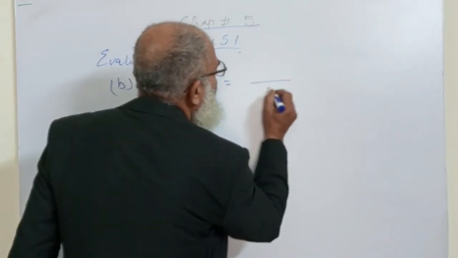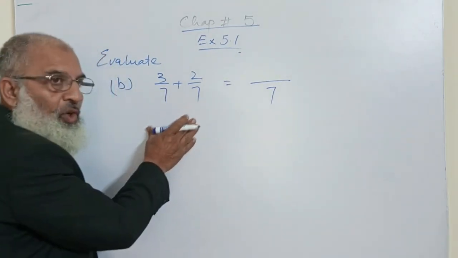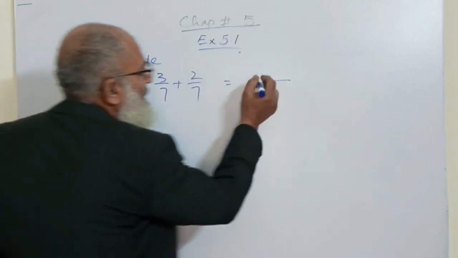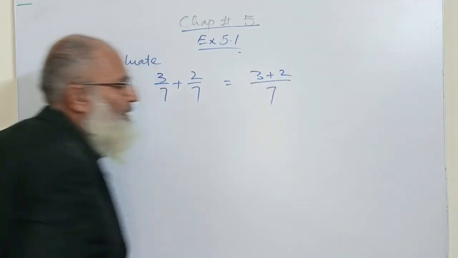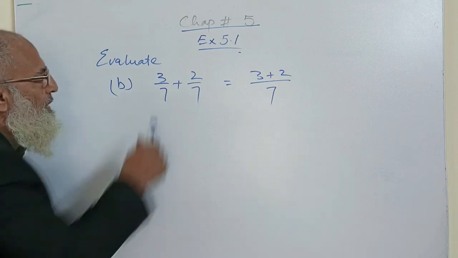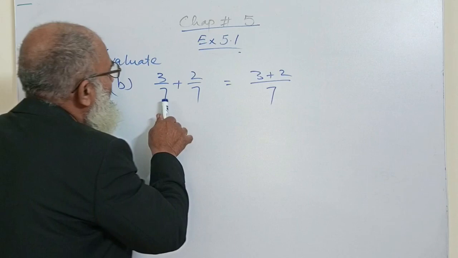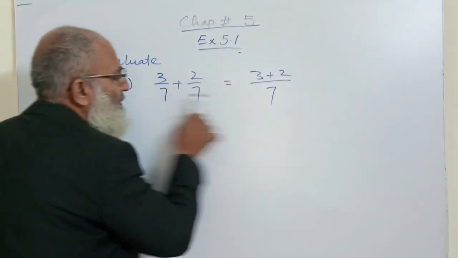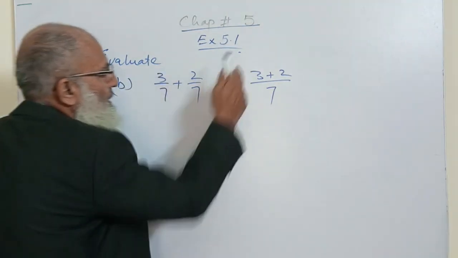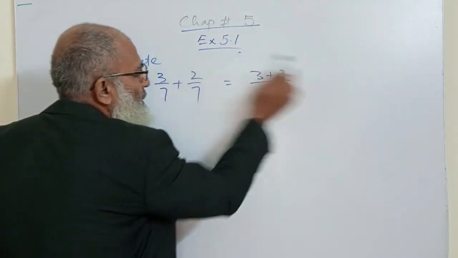So it is very easy. Write 1 out of it. When there are common denominators, you write 1 out of it, and then straight away write whatsoever is written in the denominators. Because when you divide this 7 with this 7, it will become 1. 1 multiplied by 3 is 3, and this same 1 multiplied by 2 is 2.